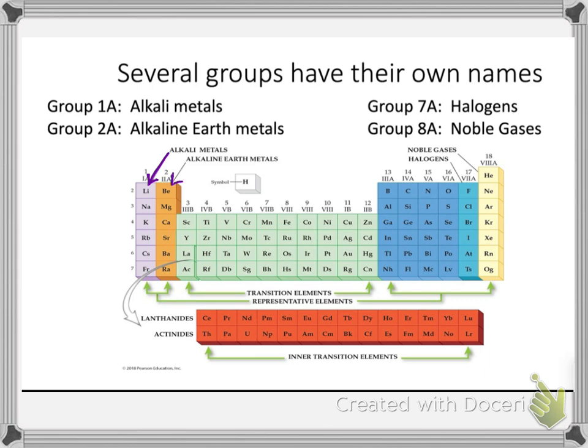Group 2A is called the alkaline earth metals. Then if you go to the other side of the table, group 7A is called the halogens, and group 8A is called the noble gases. So these four columns or groups have their own names.